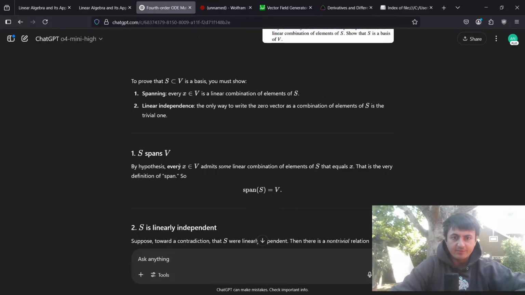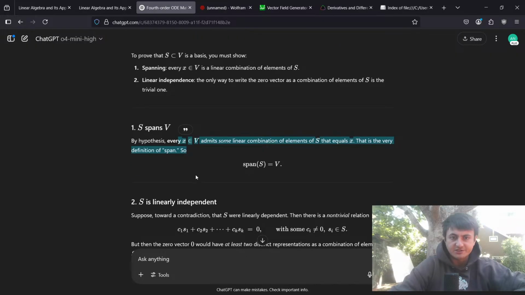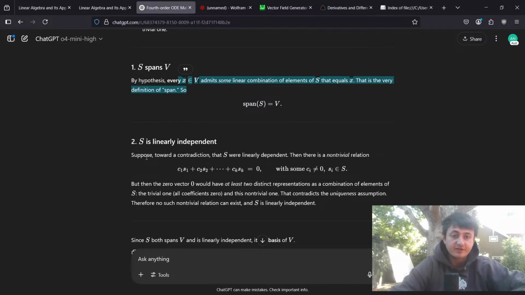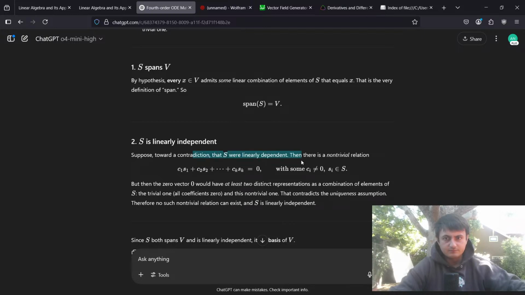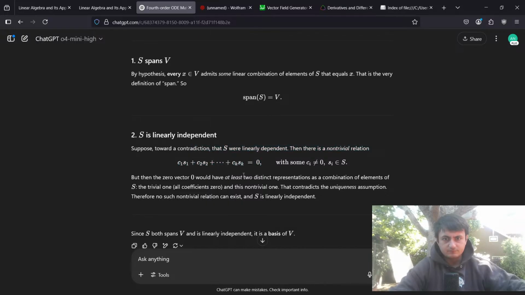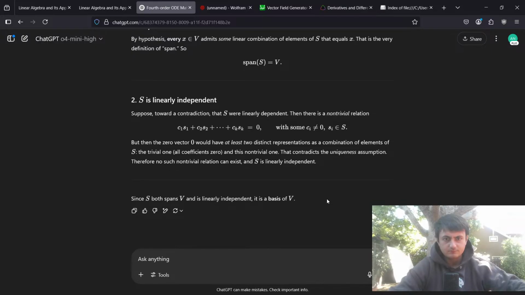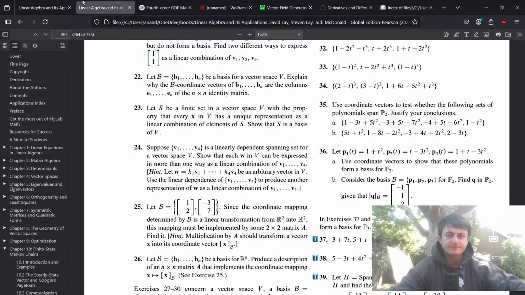So by hypothesis, every V admits some linear combination. That is the definition of span. Perfect. And then linearly independent. Yeah, and I did the same thing, the contradiction. Great. That's what I thought.